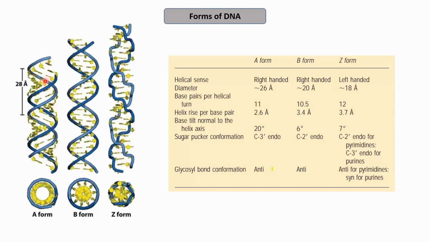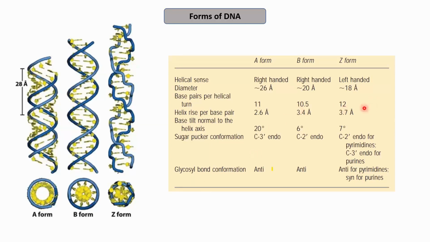Now the base pairs per helical turn differ. This is known as one turn, and in one turn there are different numbers of base pairs present in the A form, B form, and Z form. In A form, the base pairs per helical turn are 11, and in B form they are 10.5, or we can say approximately 10.